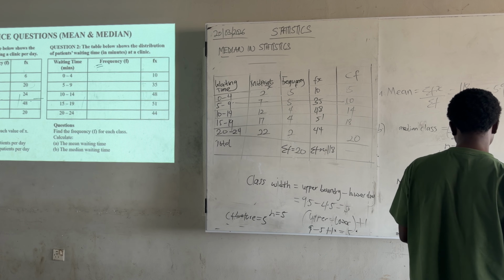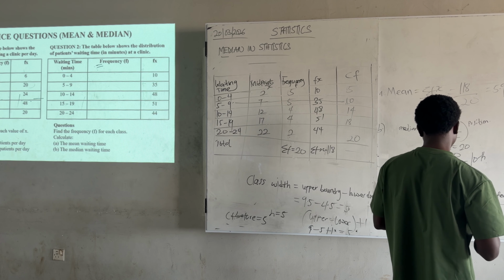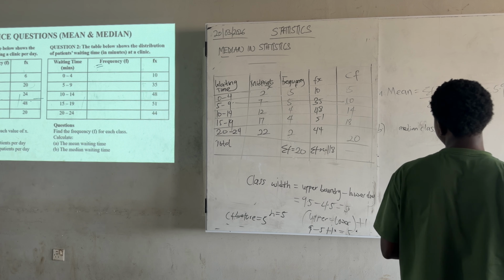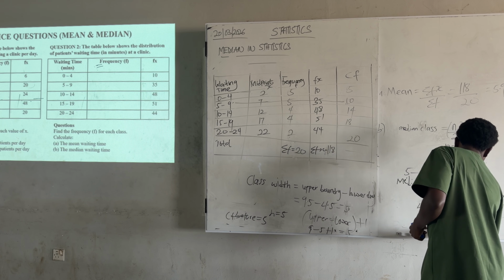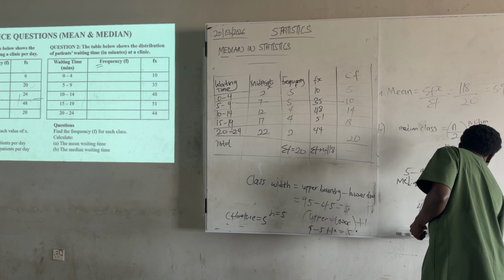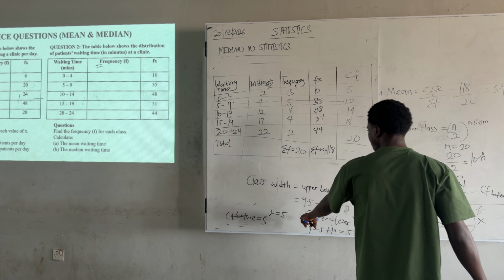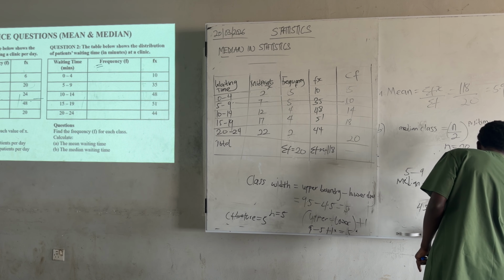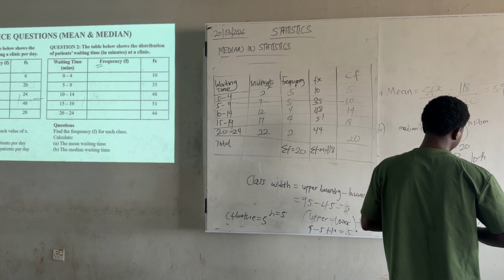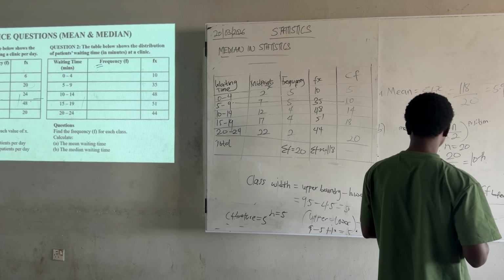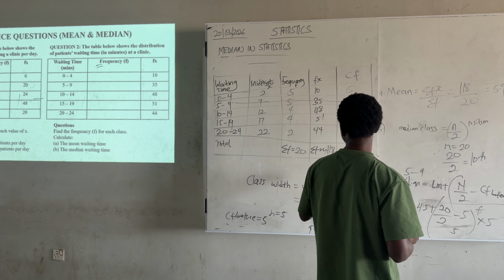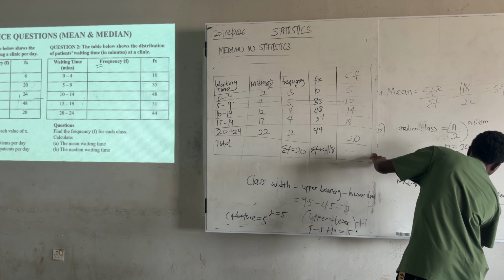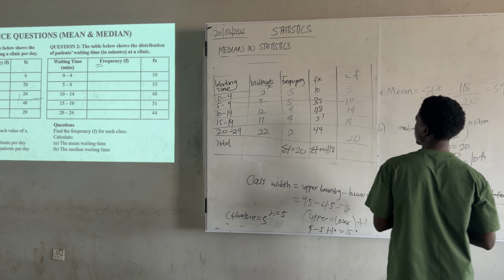No, it's not 35, it's the frequency of the median class. So F is 5, times our width, which is 5. Yes, the frequency of the median class is 5.